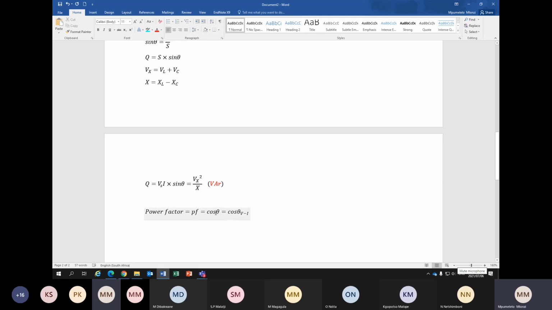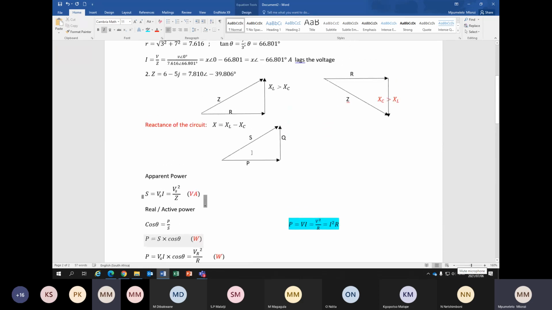Now, power factor is cos theta. Remember, how do you calculate cos theta in terms of trigonometric functions?